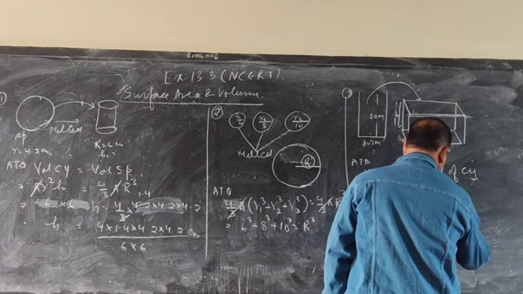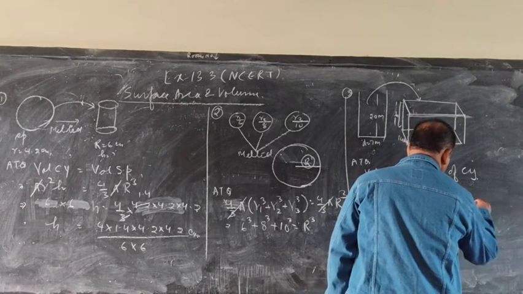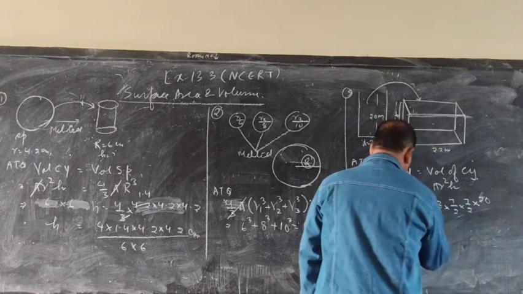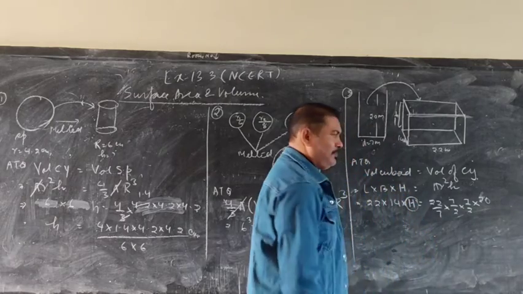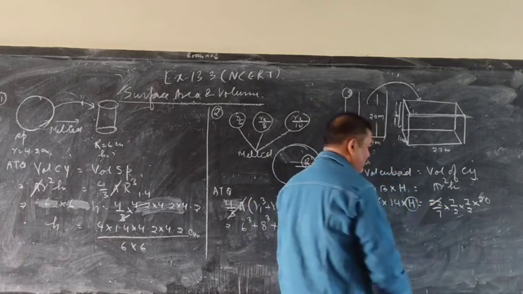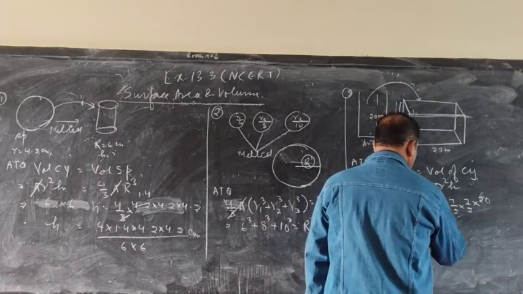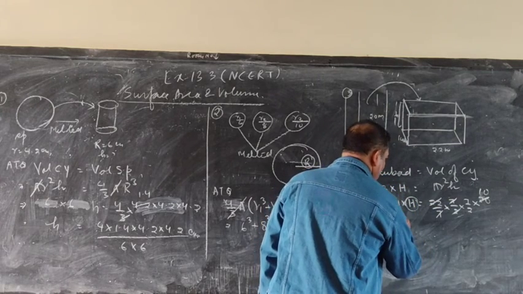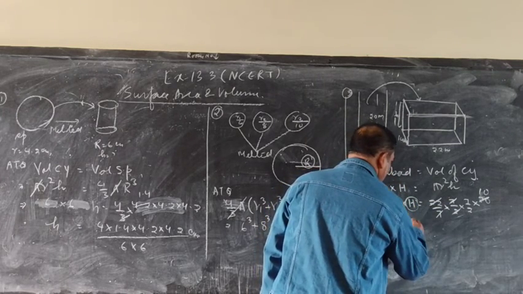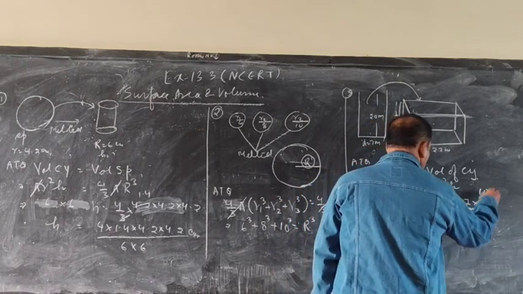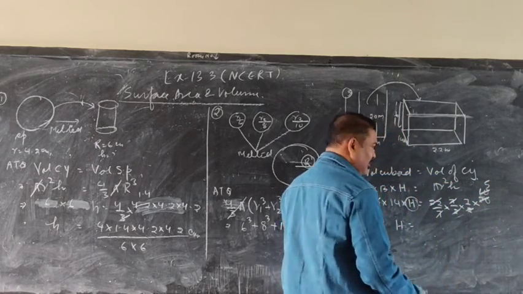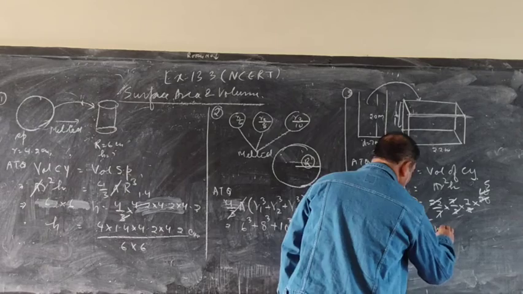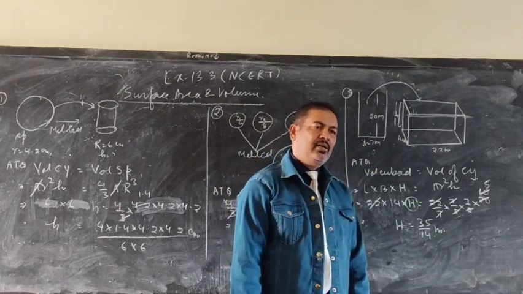So that is 7 upon 2 into 7 upon 2, and here h is given 20 meters. We have to calculate this h. Cancelling 22 by 22, removing 7 and 7, cancelling 2, we get h is equal to 35 upon 40 meters, and you get the answer.